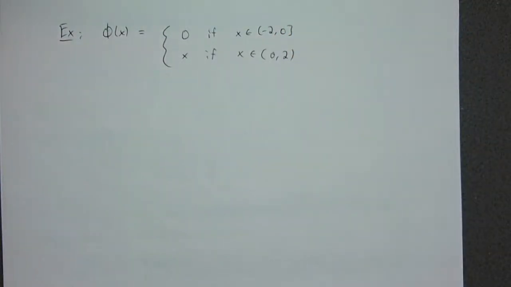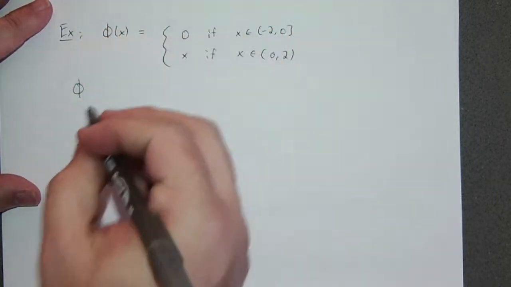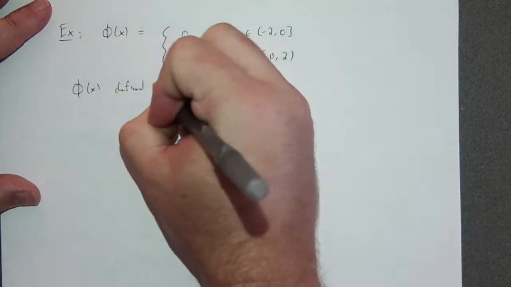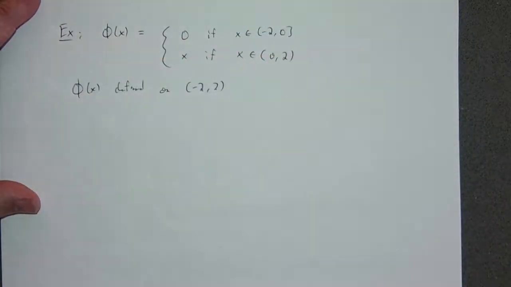Okay. So here is phi of x defined on -2 to 2. What does its full Fourier series look like?